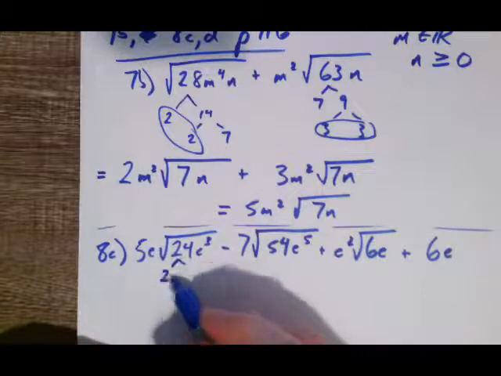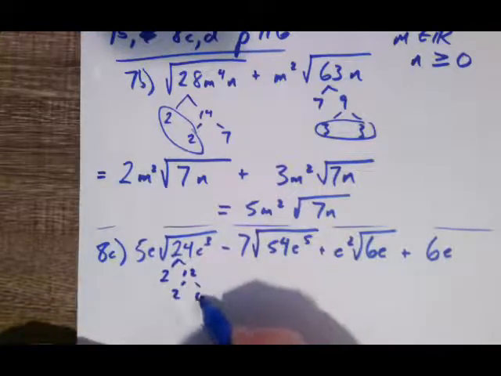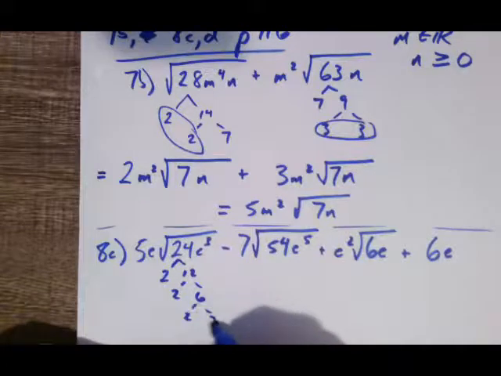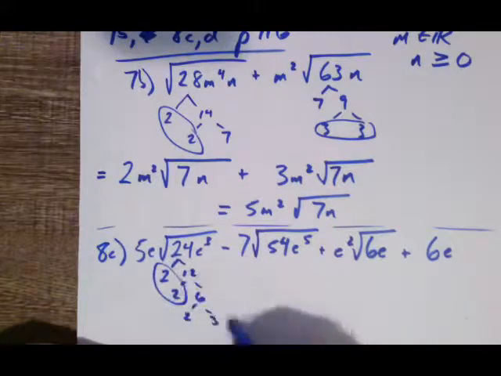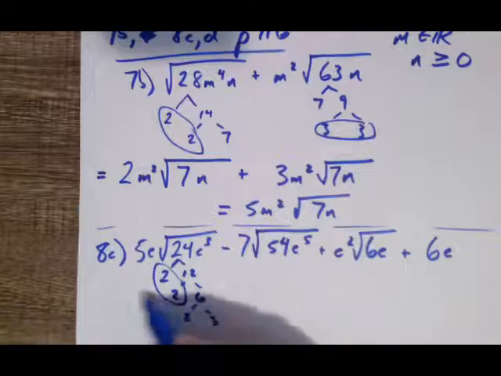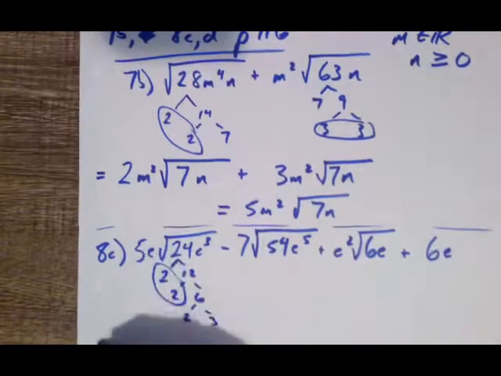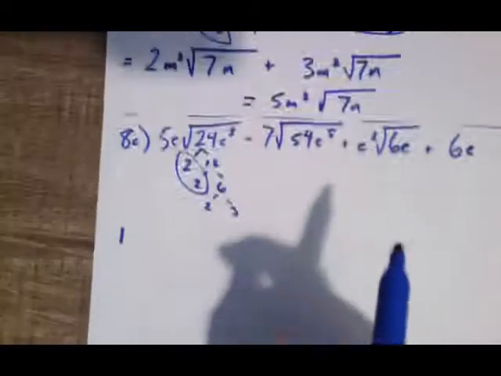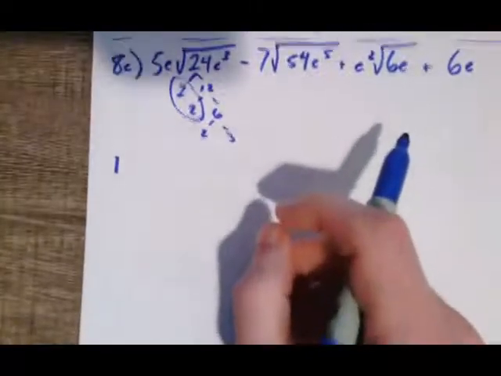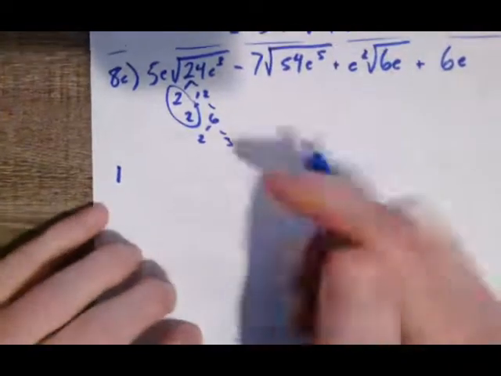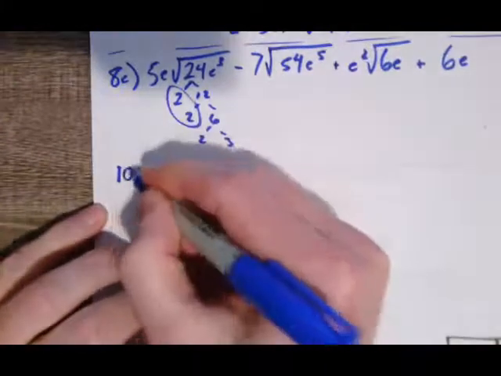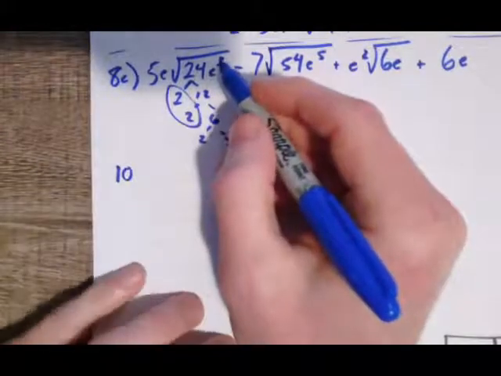24 is 2 times 12, 2 times 6, 2 times 3. So we're going to take out a 2. 6 is going to stay behind. So we take out that 2. 2 times 5 is 10. And then e cubed, I can take an e out.